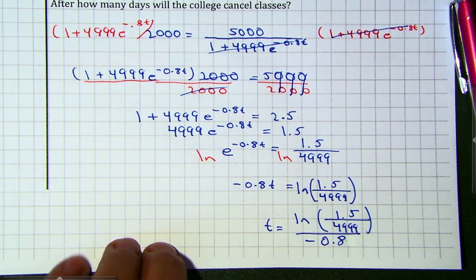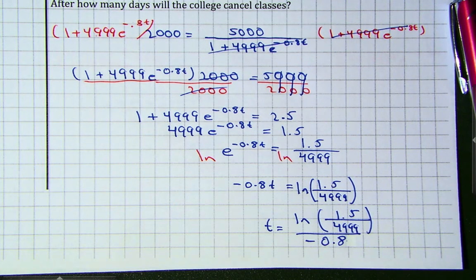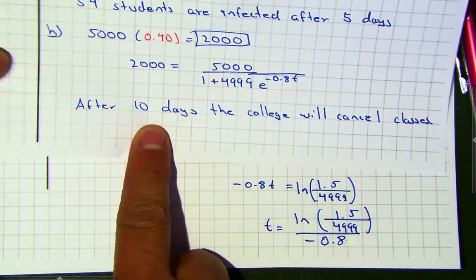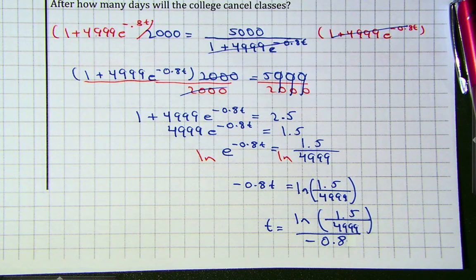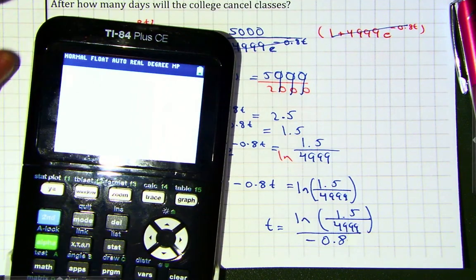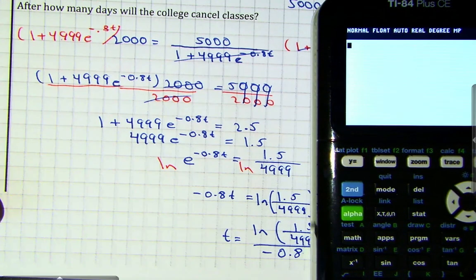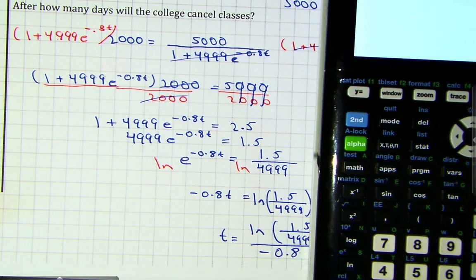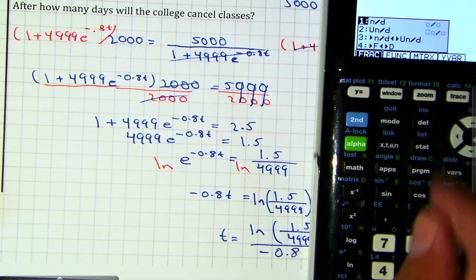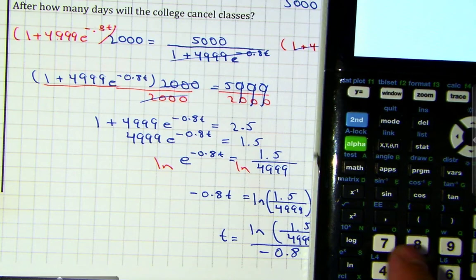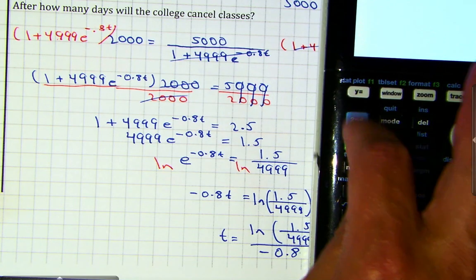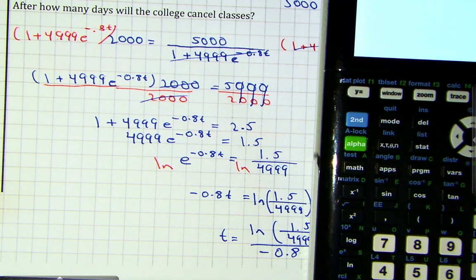Now, if I did it correctly, when I type it in, I should end up with about 10 days. I'm just going to use my fraction bar, which makes it a little easier. So, fraction bar, natural log, another fraction bar, 1.5 divided by 4999.